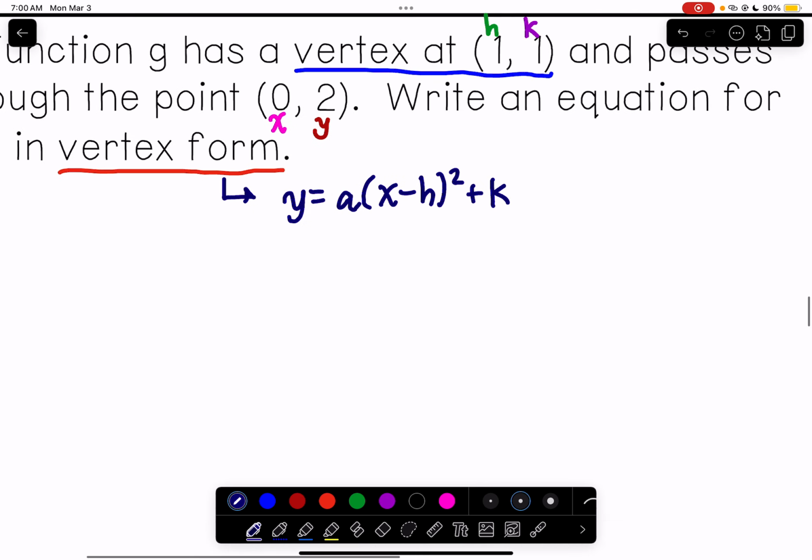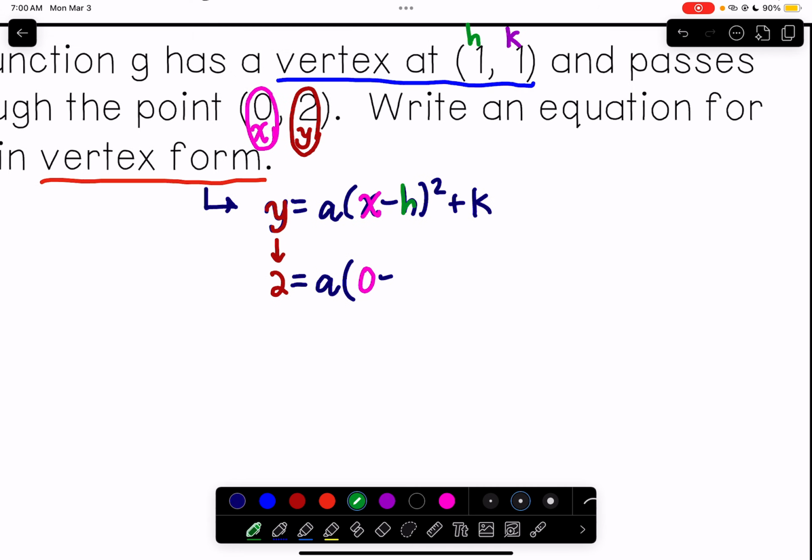And I'm going to plug in what I know. So I know that the y value for my point is 2, equals, I don't know a yet, so I'm leaving that alone, times the quantity x, which was 0, minus h, which was 1, quantity squared, plus k, which was 1.